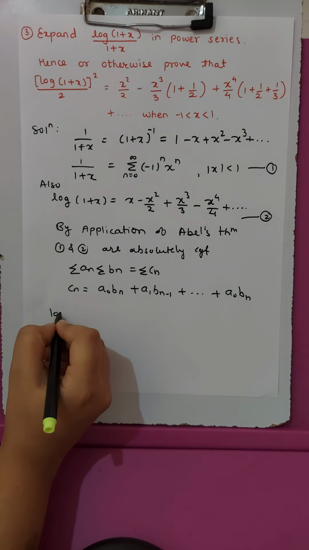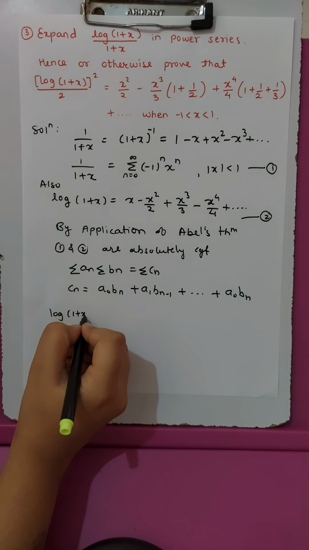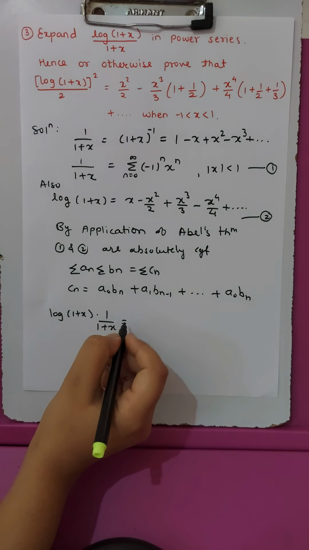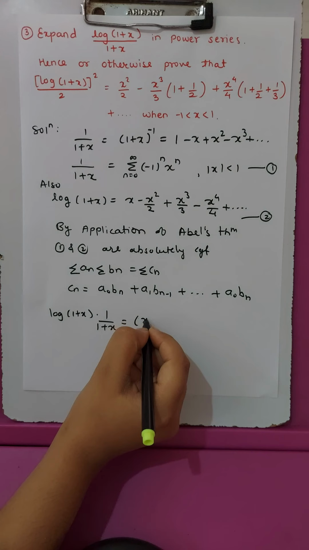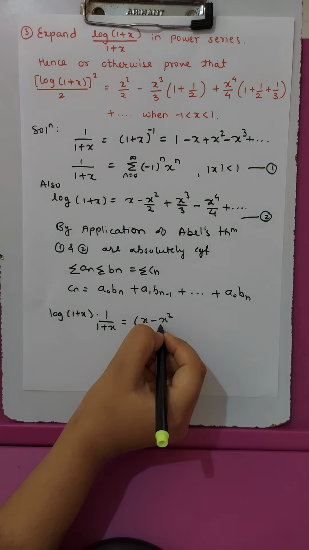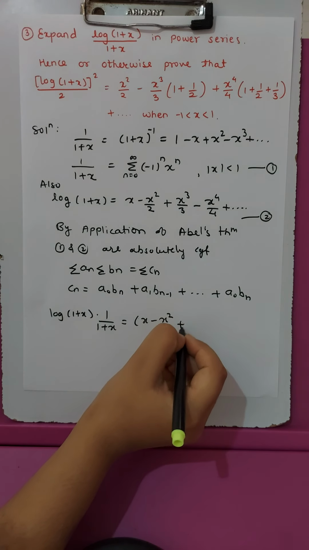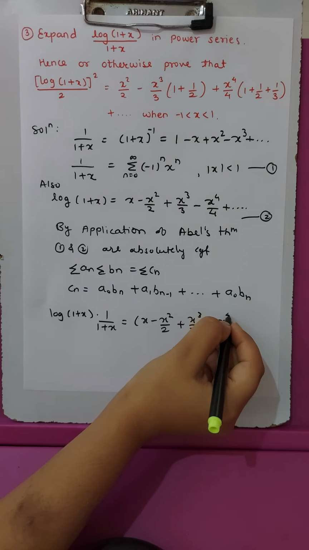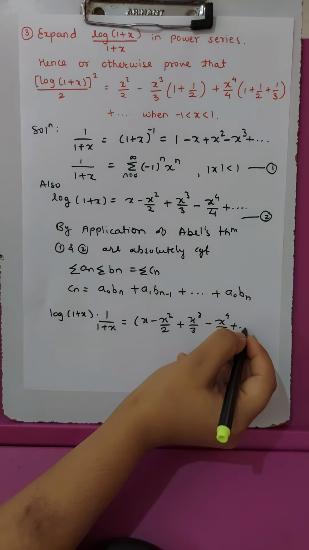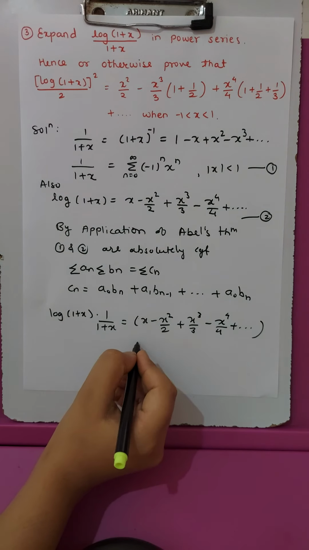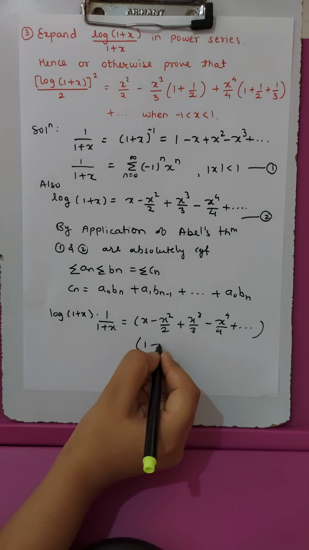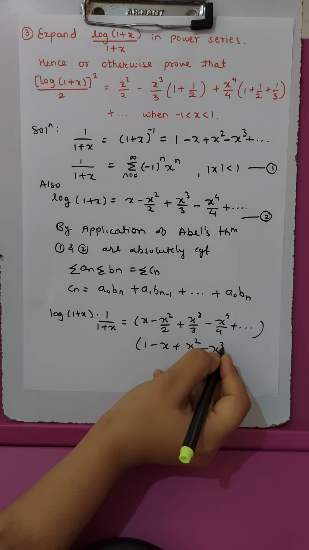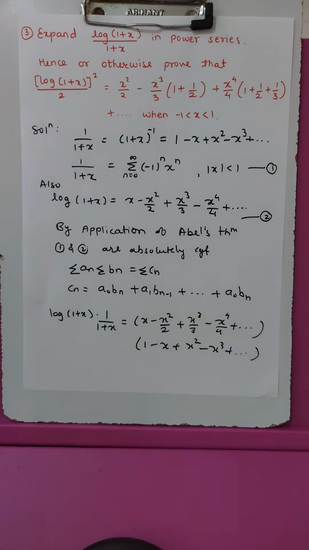So we get log of 1 plus x into 1 upon 1 plus x is equal to x minus x square upon 2 plus x cube upon 3 minus x to the power 4 upon 4 up to so on, and 1 upon 1 plus x is 1 minus x plus x square minus x cube plus up to so on.